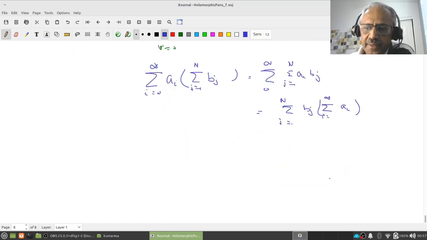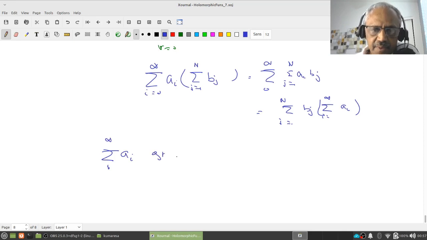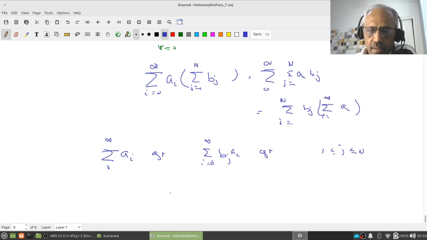Are you following? This is what we have seen, convergent power series. Suppose the summation of a_i, i from 0 to infinity, is convergent. Therefore b_j times the summation of a_i is convergent, with j running from 1 to n.